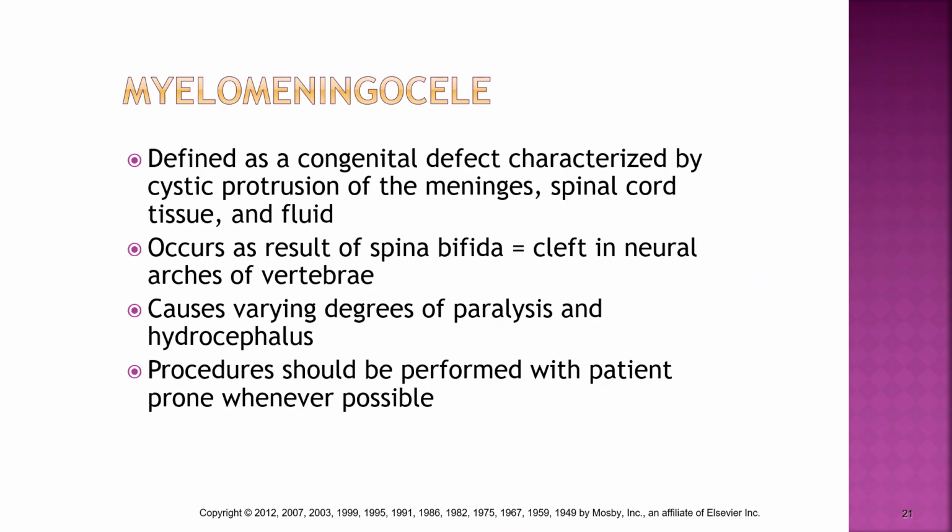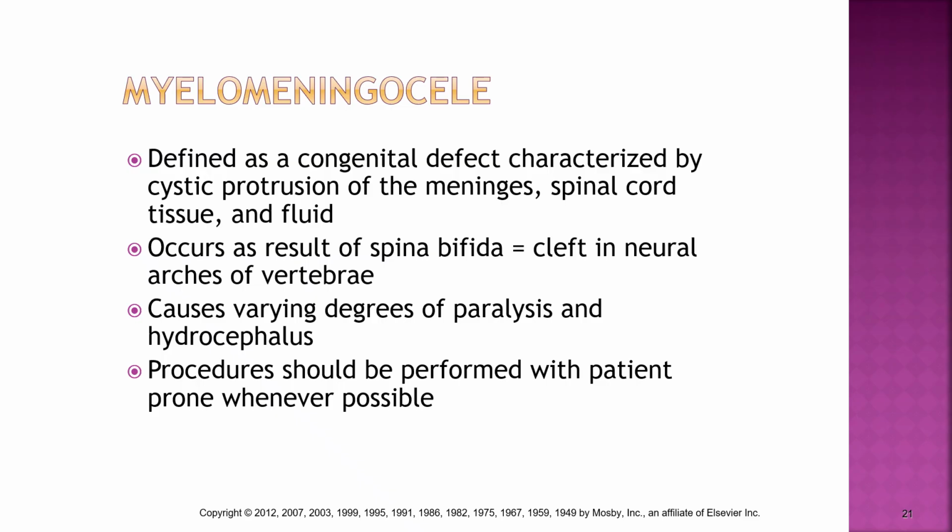Myelomeningocele, yeah, I talked about this already. It goes hand in hand with spina bifida. It is cystic protrusion of the meninges, spinal cord tissue, and fluid. So basically it's a hernia of the central nervous system. The meninges are not sealed and closed like they ought to be.